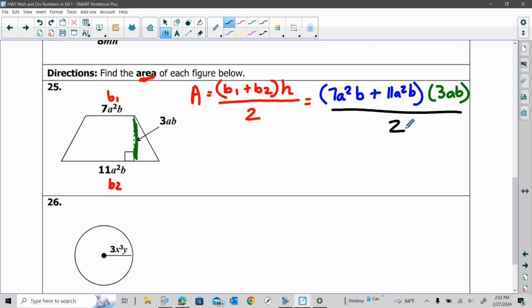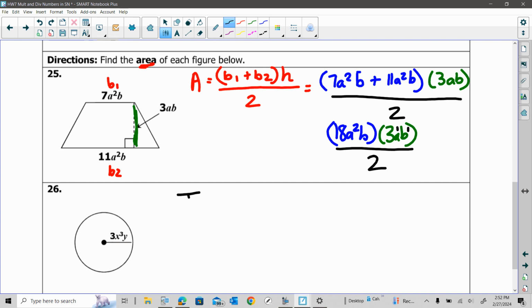But when you work it out, you have to do what's in the parentheses first. So this 7 and 11 is 18a squared b. That will end up being multiplied to the 3ab, and then you're dividing it by 2. So don't forget your exponent rules. Remember, this is like an invisible 1, so you've got to add those exponents.